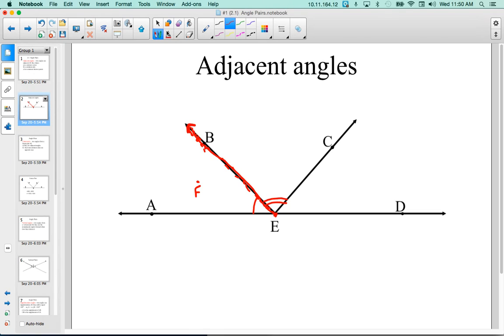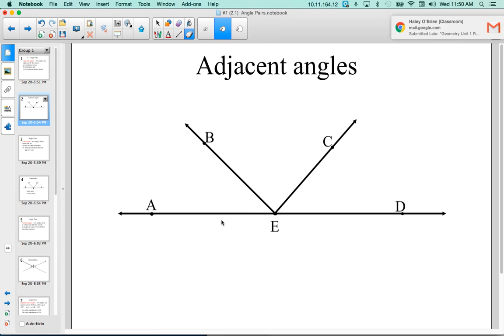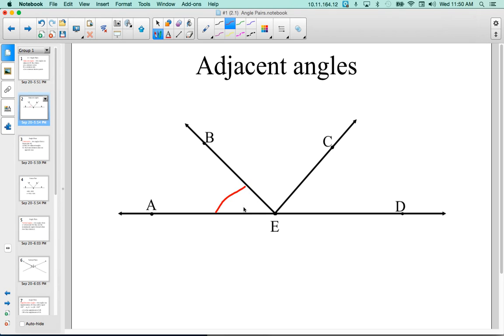Now, let me show you an example that satisfies a couple of these things, but not all three of them. So if I were to say angle AEB and angle AEC. Now, they satisfy two of the three things. They share the vertex.